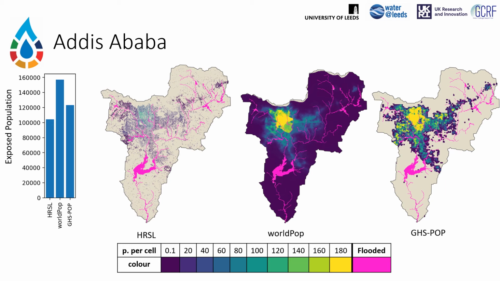Now, the reason that WorldPop's exposure estimates are higher than the other 2 population data sets is also due to the way that WorldPop distributes population over a large area. So you can see there's a lot more purple in the WorldPop map there in the middle. This then undoubtedly results in higher exposure estimates, as say the large inundated area to the south of the city will result in more exposure for WorldPop than the other 2 datasets.